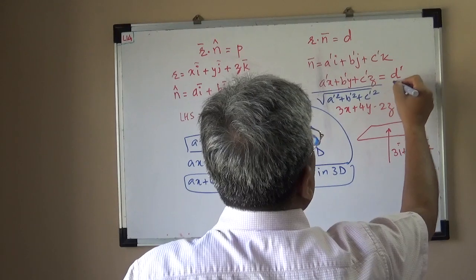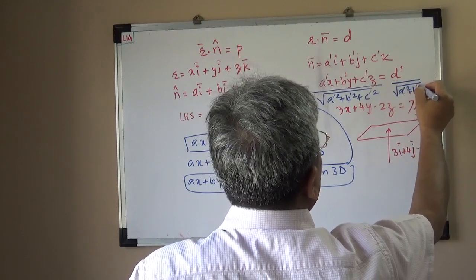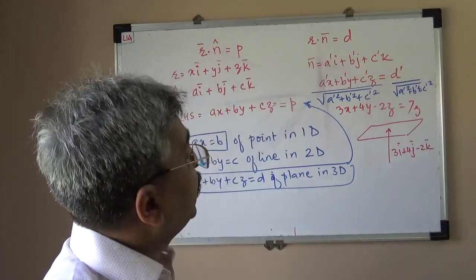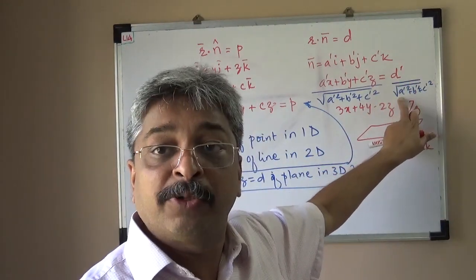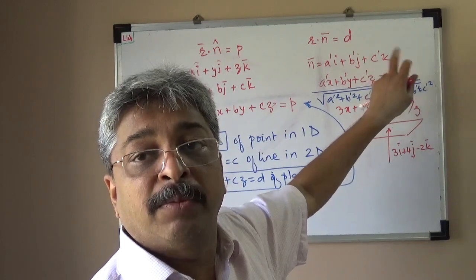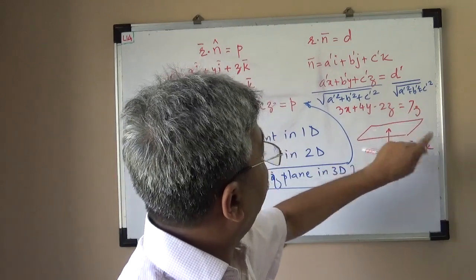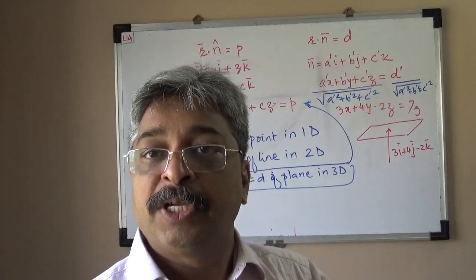So we have to divide RHS also by the same, for not changing the value of RHS. Therefore, d dash upon radical a dash square plus b dash square plus c dash square is the distance of this plane from origin. In this case, what will be the distance from origin? 7 upon radical 9 plus 16 plus 4 is going to be the distance.